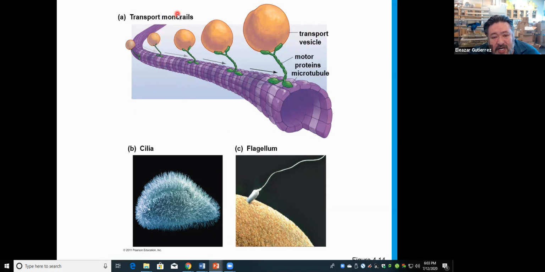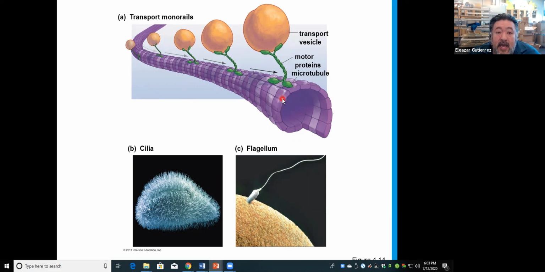What's causing these vacuoles to move from one point to the other is the fact that we have this monorail coming out here made out of tubulin, and we have these motor proteins moving the vacuoles in one direction. Okay, there's your transport vacuole. So it goes from the rough endoplasmic reticulum to the Golgi complex, and then to the plasma membrane.